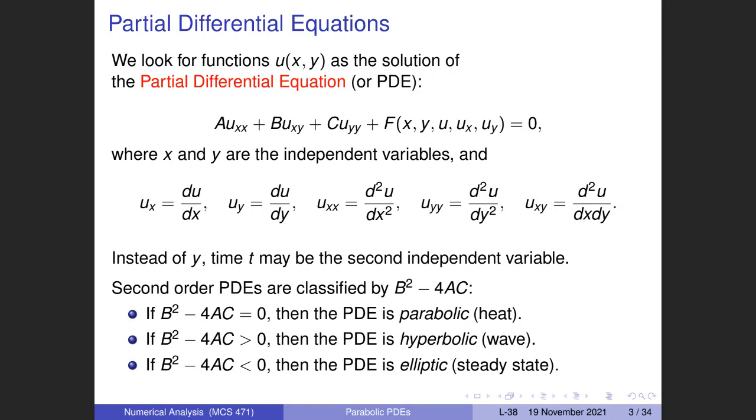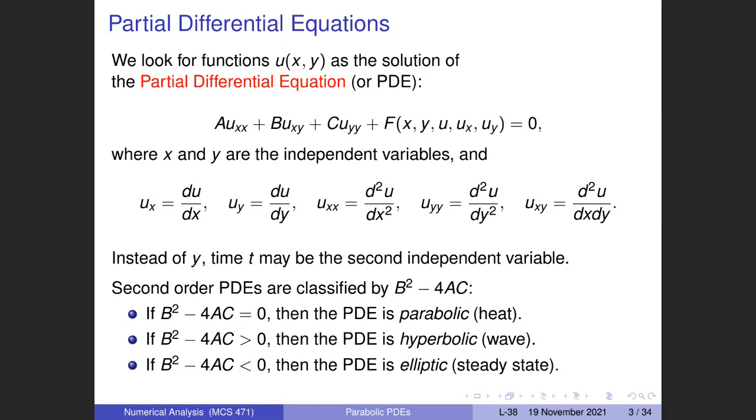Today we focus on the heat equation, and this equation is an example of a parabolic partial differential equation. So with the three coefficients a, b, c, we form a discriminant. If the discriminant b squared minus 4 times ac is 0, then our partial differential equation is of the parabolic type. And the main example that we will consider today is the heat equation.